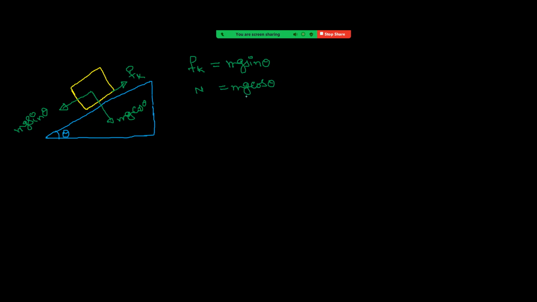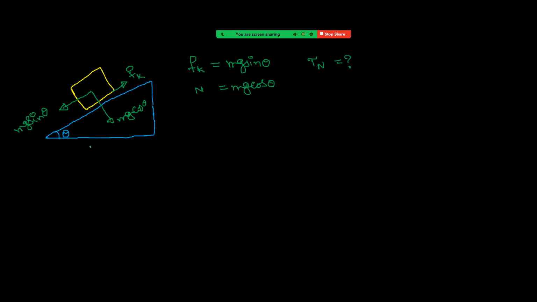Now we have to focus on torque. It has uniform velocity, net force 0. Next, it has only uniform velocity, which means there is no torque. That means net torque must be equal to 0. So now we have to find out the torque due to normal reaction about center of the block.